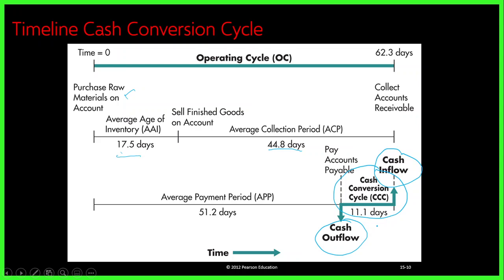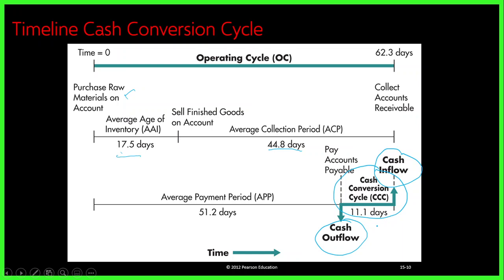Question. Why is a shorter cash conversion cycle favorable? Well, number one, your cash outflow will be converted immediately to cash inflow, which means that there will be lower cash required for you to support your operations.